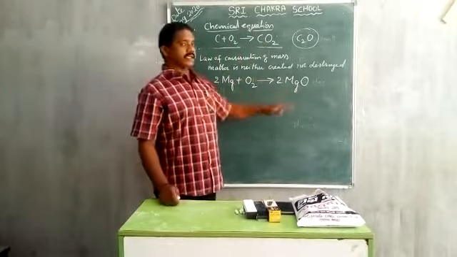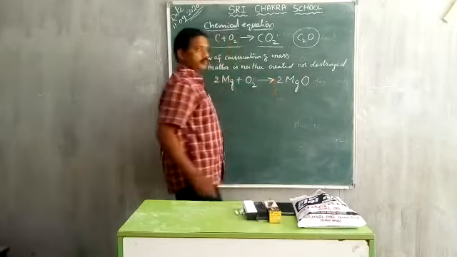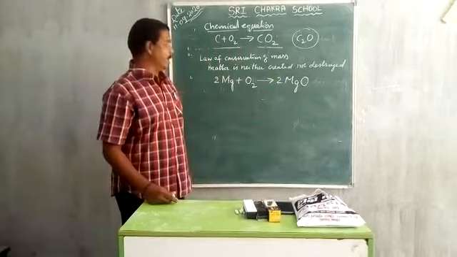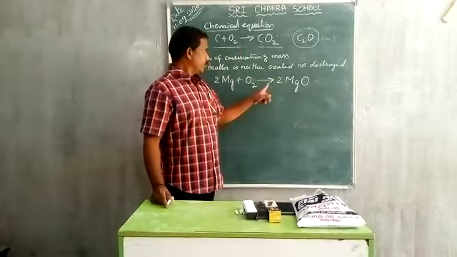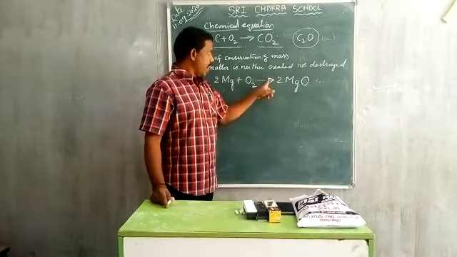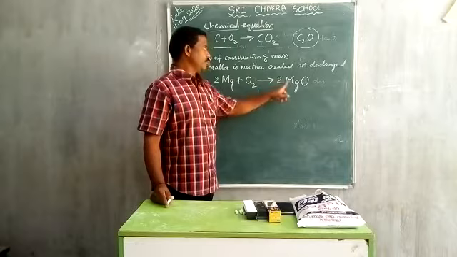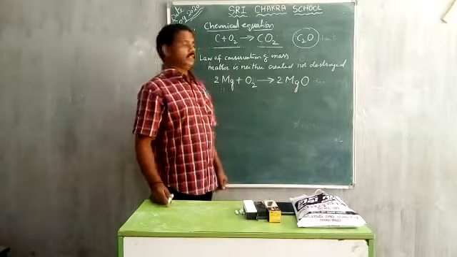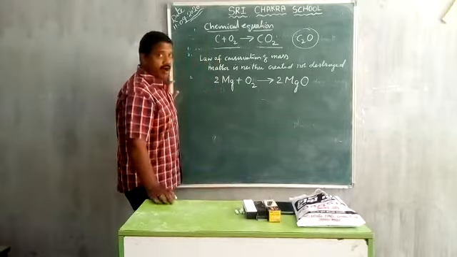Reactants and products are separated by an arrow mark. An arrow is used to separate reactants and products. The head of the arrow should be towards products.